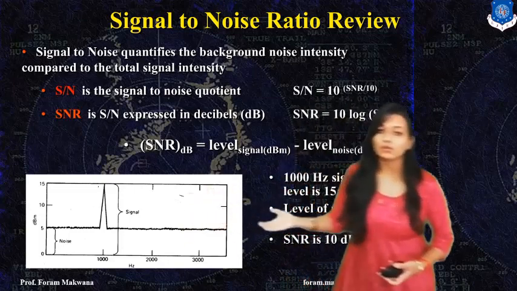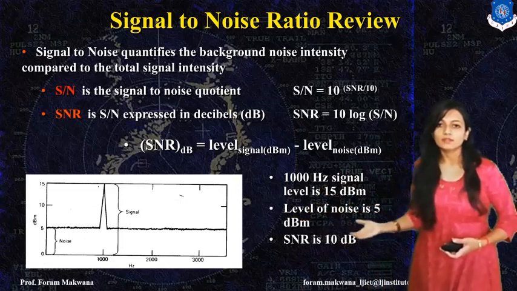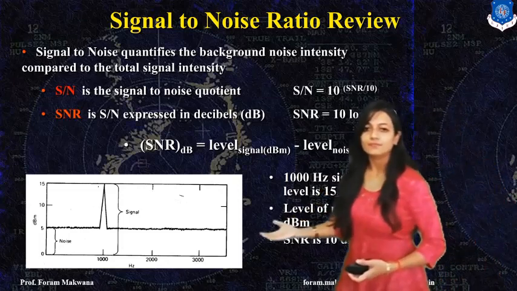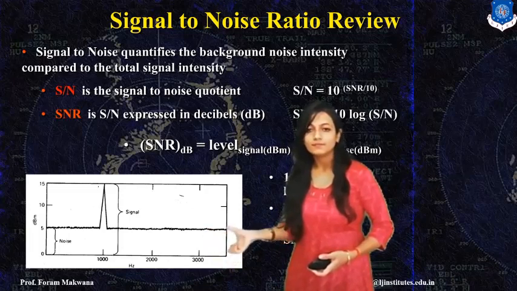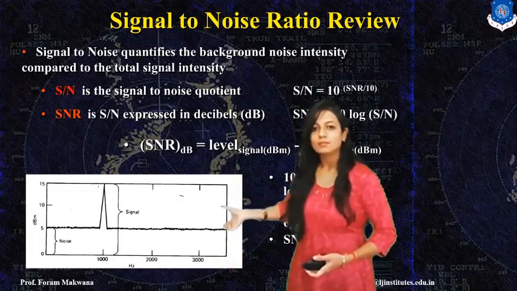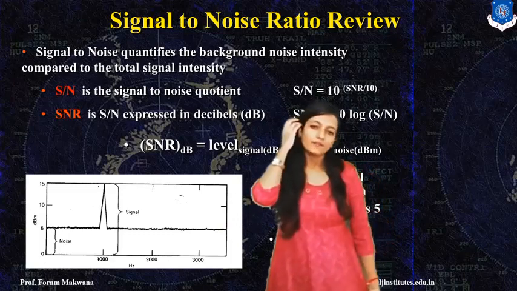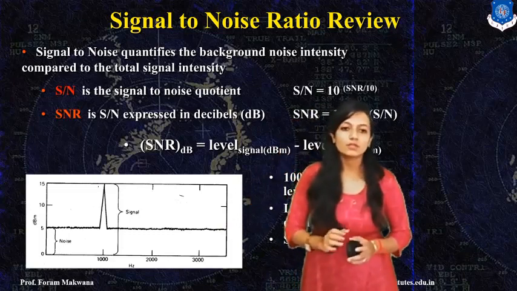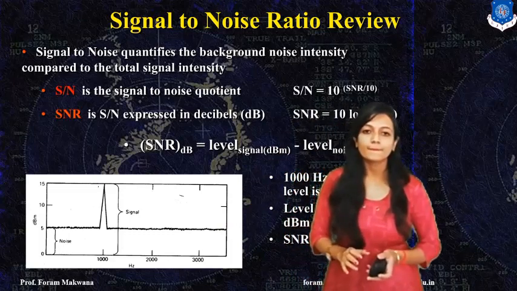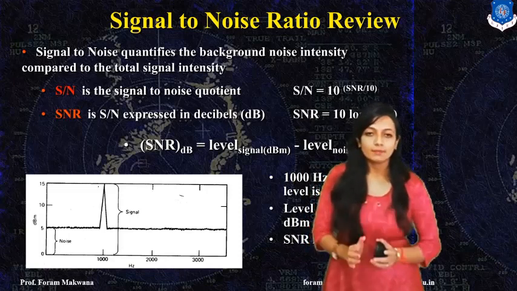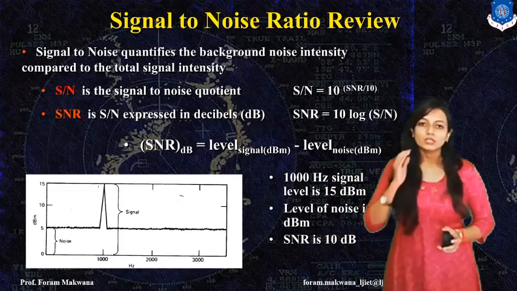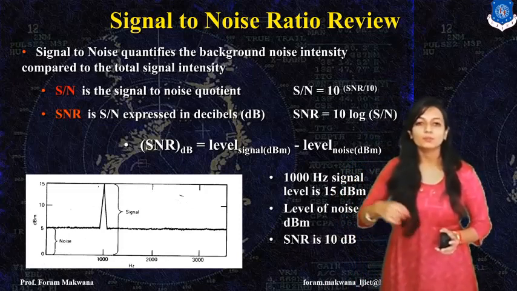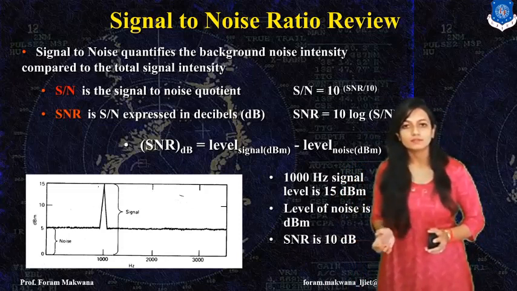And what is the noise power? It is 5 dBm. This is the noise power, 5 dBm. This is the signal power. Right? So if I need to calculate the signal to noise ratio, it can be calculated by subtracting the noise power from the signal power. Right?